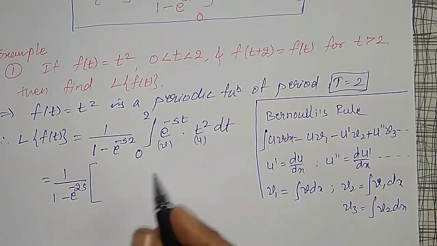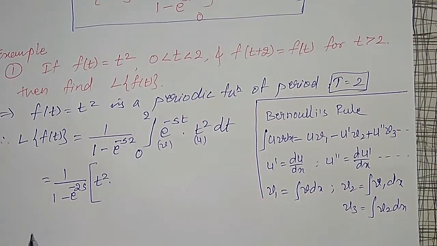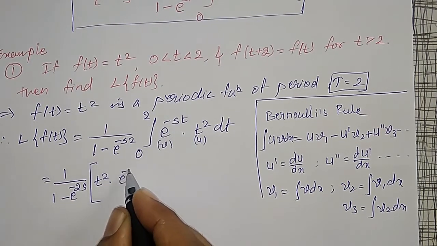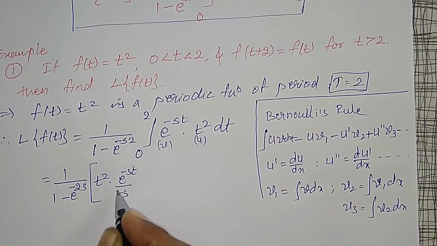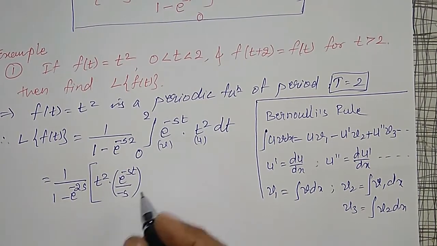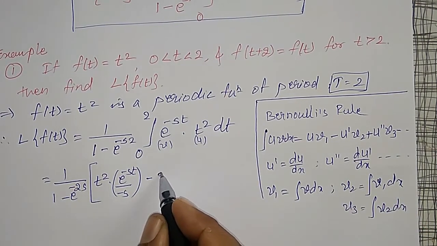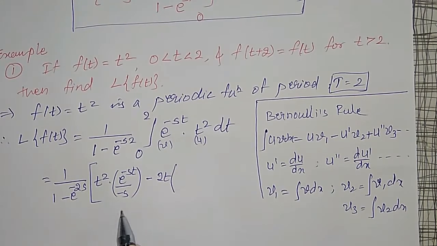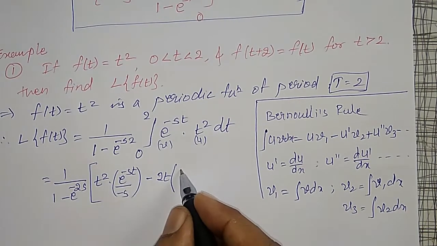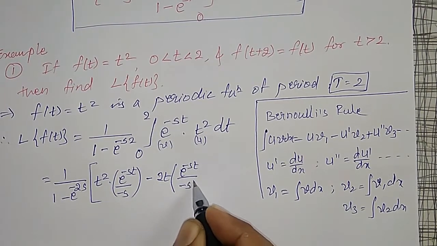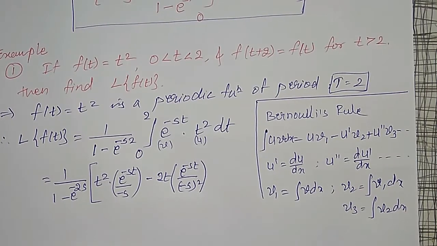First u as it is, t squared, into v1, integration of e raised to minus st, that is e raised to minus st divided by minus s, minus u dash, the differential of t squared, that is 2t, into v2, the integration of v1, that is e raised to minus st, already minus s is there, one more minus s will come, minus s squared.